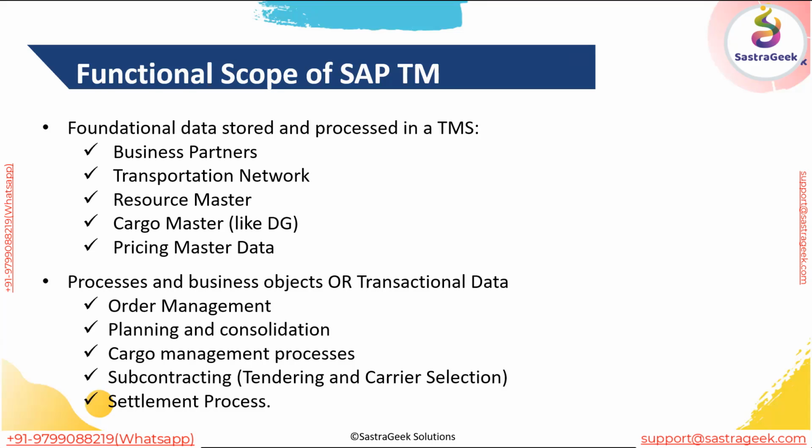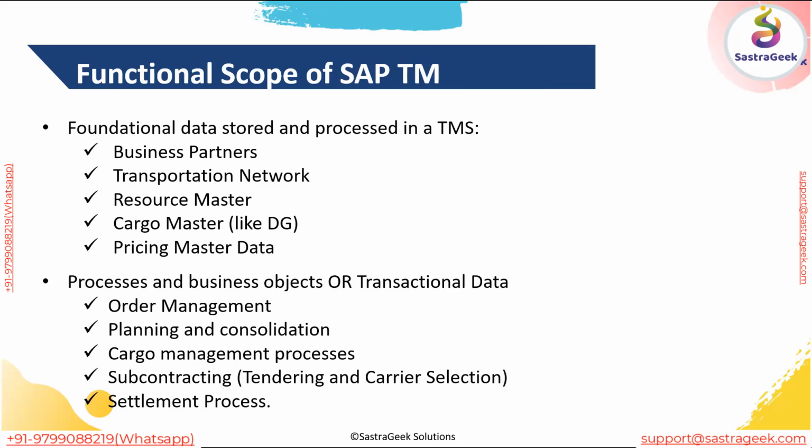Then we have planning and consolidation. Planning and consolidation, basically when you are optimizing your route, optimizing the capacity of a container, falls under planning. Then cargo management processes, that is if a declaration is required, a customs declaration or a dangerous goods declaration, it falls under cargo management.